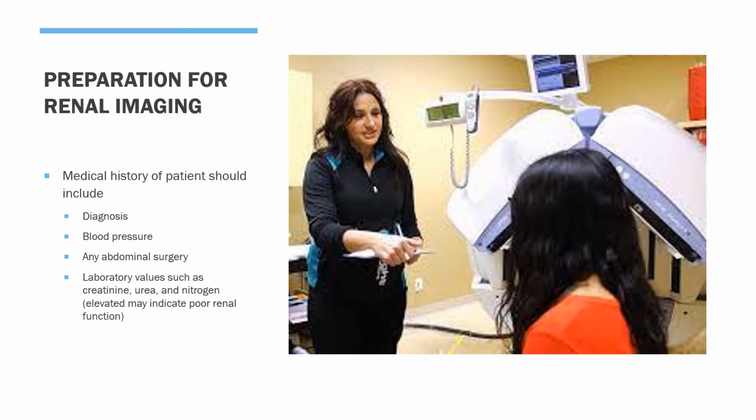Or if you're evaluating kidney transplant function, then you'll want to do something more along the lines of renal function imaging. So you just want to go over the medical history with the patient beforehand, and then we'll go on to further prep as we continue on with the presentation.